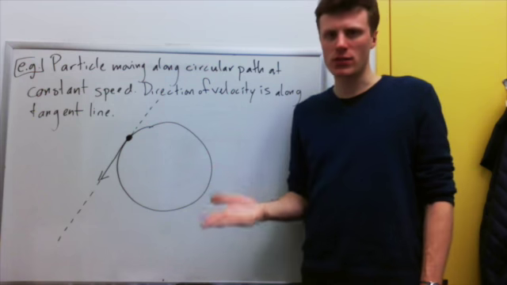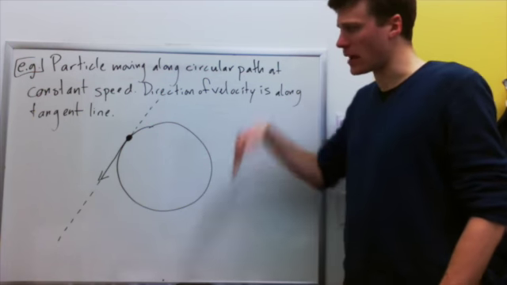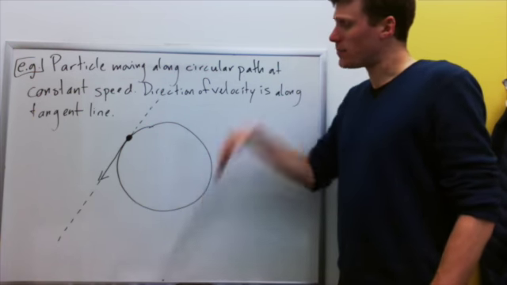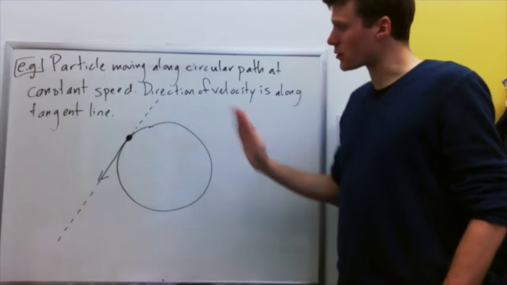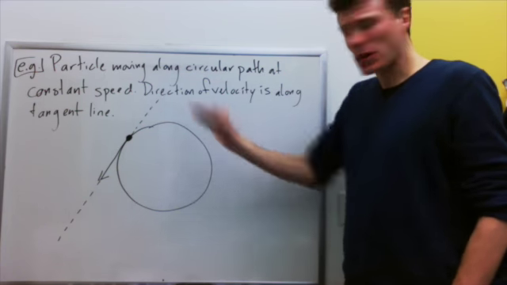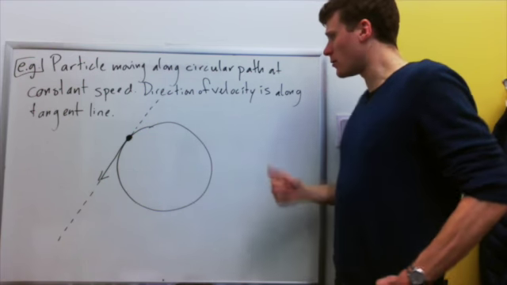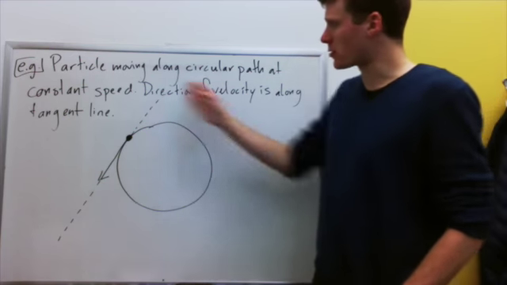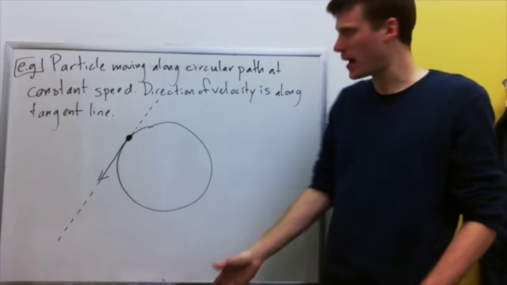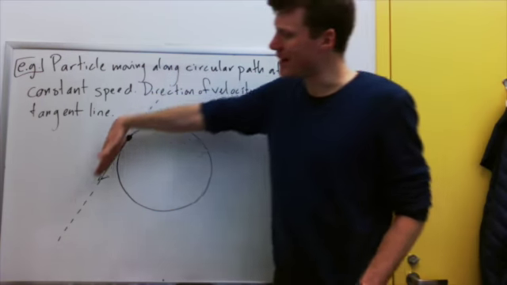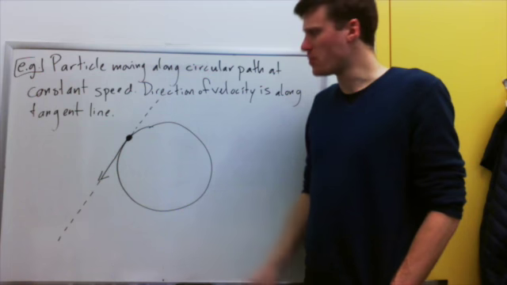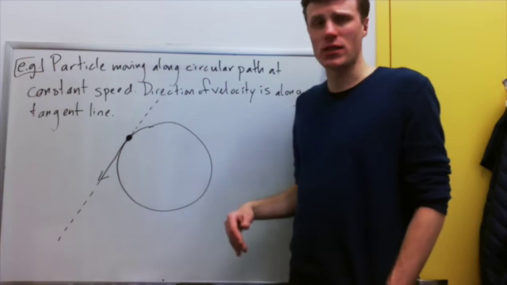In two dimensions, all of a sudden we're actually talking about different sorts of directions that something can be going in the plane. Okay, so what is the direction of velocity when we're talking about a particle moving around a circular path? Well, it turns out that it's going to be the tangent line to the circle at the point wherever the particle is at the moment.